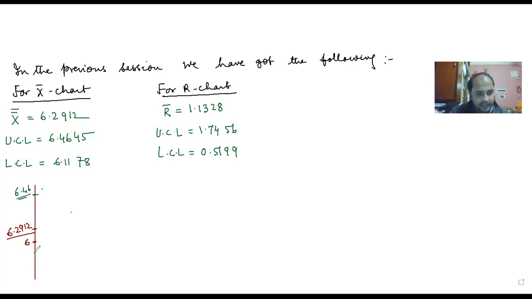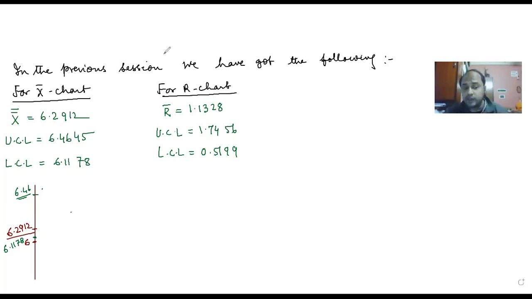Say, for example, this: if this is 6, then suppose this point is 6.1178. I'm doing it very roughly because I do not have the graph paper. In graph paper, we will be having the origin, and from there you select appropriately 6, and all these points, 6.2, 6.46, have to be appropriately chosen.